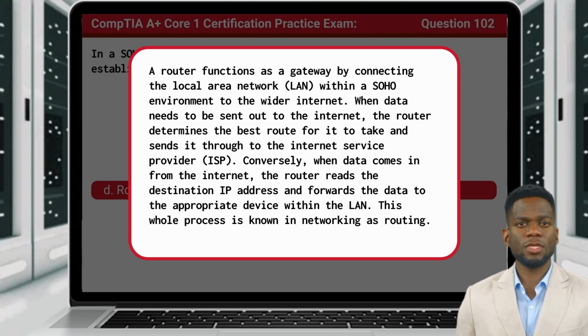When data needs to be sent out to the internet, the router determines the best route for it to take and sends it through to the internet service provider. Conversely, when data comes in from the internet, the router reads the destination IP address and forwards the data to the appropriate device within the LAN. This whole process is known in networking as routing.